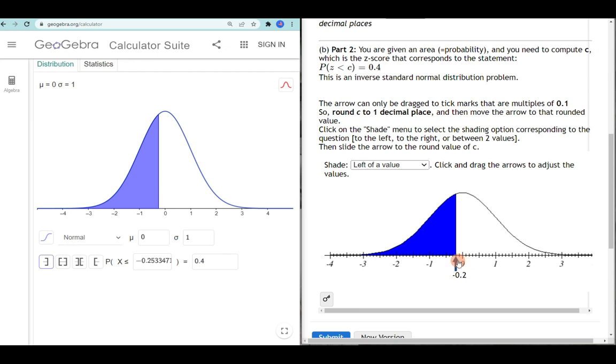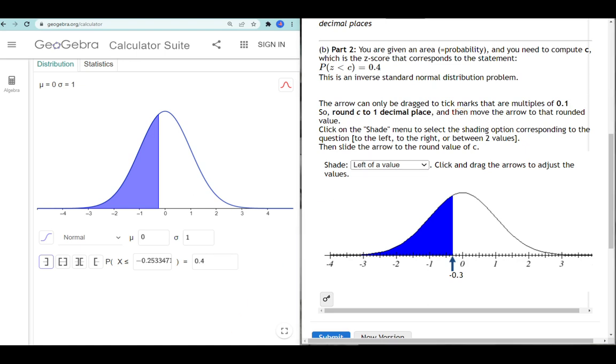To do this particular problem, it tells us that we need to round c to one decimal place. So rounding negative 0.25 to one decimal place will be negative 0.3. So I need to move it to negative 0.3. This shaded area is 0.4.